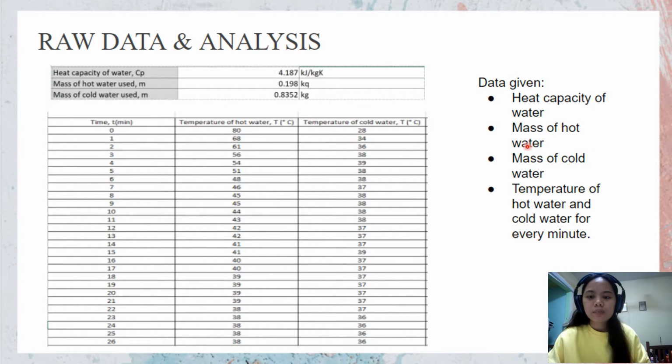Next is the mass of hot water, which is 0.198 kilogram, the mass of cold water, which is 0.8352 kilogram, and lastly the temperature of hot water and cold water for every 1 minute interval. The temperatures given are from time 0 to 26 minutes.